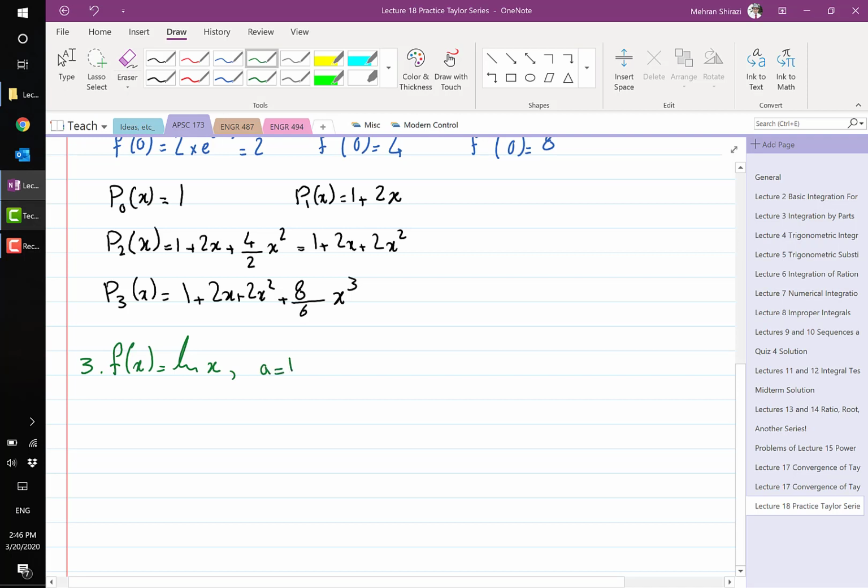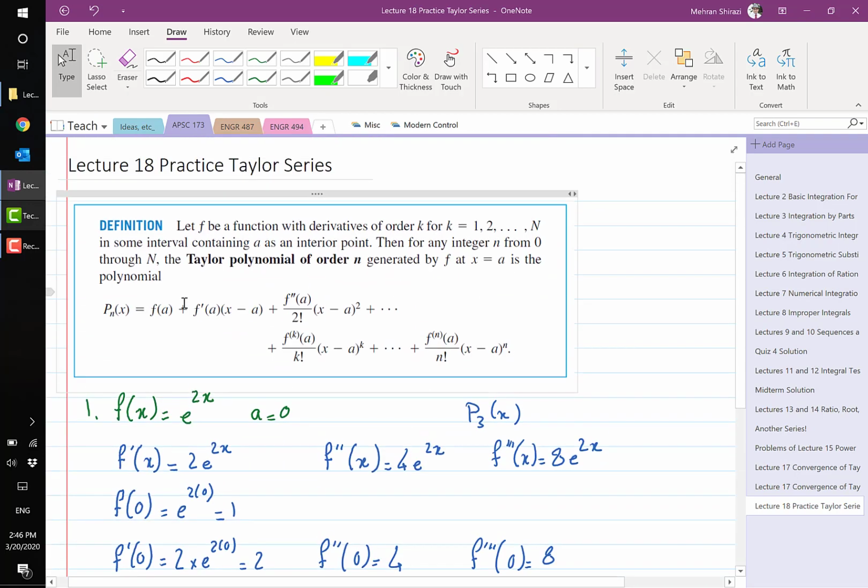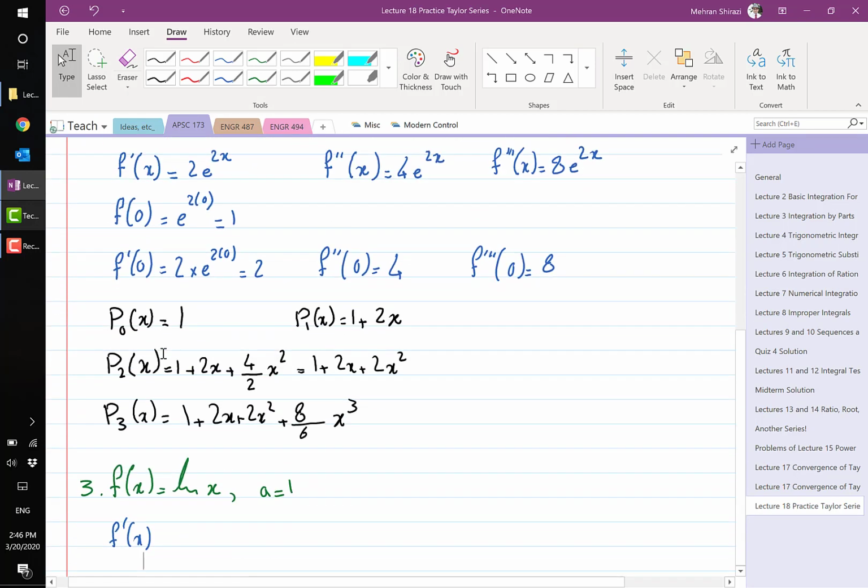I go faster this time because you learned how it works. After having f of x, we need to find f prime. Again, everything is like the previous example. The only difference is a is here 1 and f is ln instead of e to the power of 2x. We need f prime. F prime of ln is 1 over x.